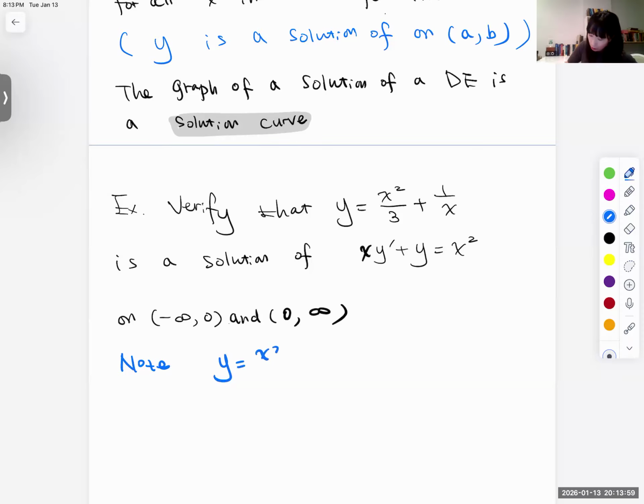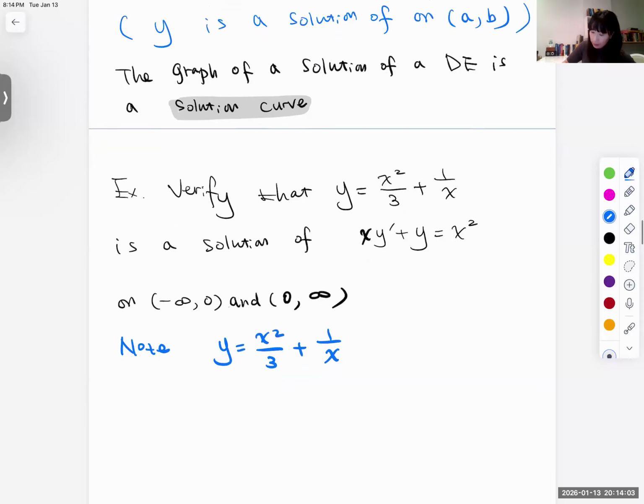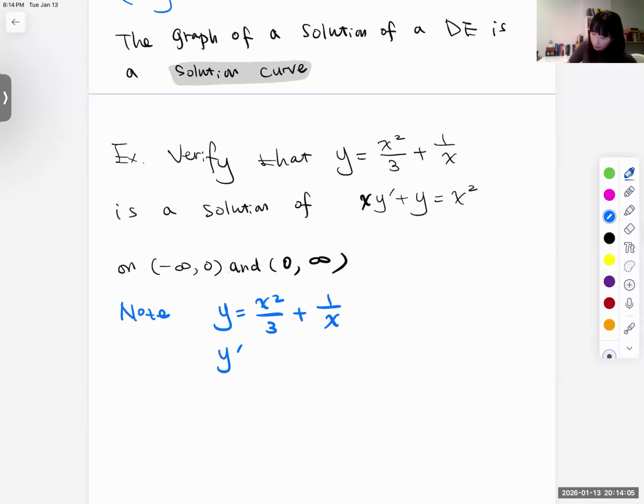Y equals x squared over 3 plus 1 over x, and then y prime. It's been a while. So we have a 1/3, that's the constant.